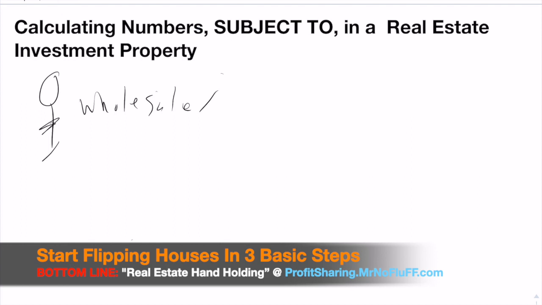They're just signing a real estate purchase contract, and then they turn around and sell that contract to an actual fix and flipper, to an actual landlord, to an actual retail buyer that wants to buy it. It depends on the exit strategy of the wholesaler. So simply put, a wholesaler is someone that buys something and quickly turns around and sells it.